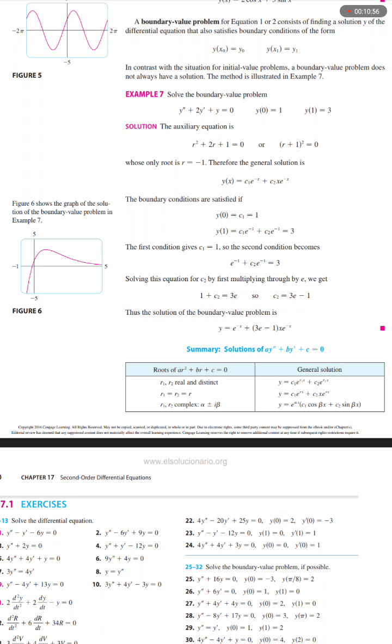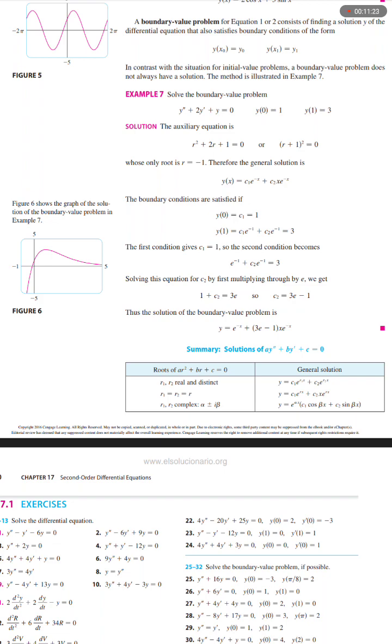Summary: solutions of a y double prime plus b y prime plus c y equals 0. There are two columns. The first column is the roots of a r squared plus b r plus c equals 0. The other column is the general solution.